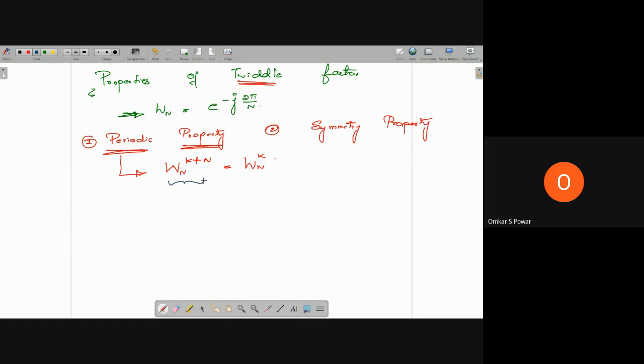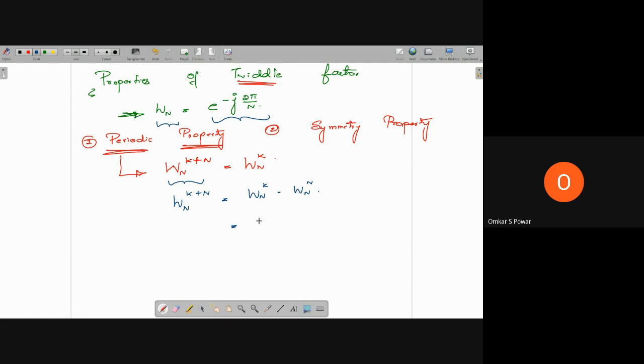So how can we expand this one? A power m plus n is equal to a power of m into a power of n. Similarly, we can take this one: omega n of k plus n is equal to omega n of k into omega n of n. Now, as I said, Twiddle factor Wn is equal to e power minus j 2 pi by n.